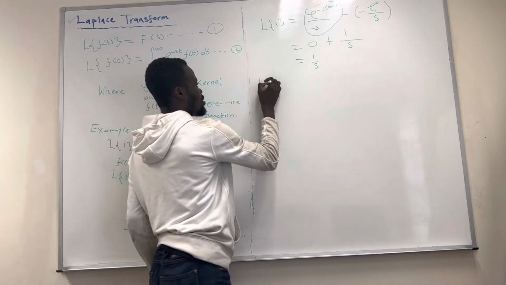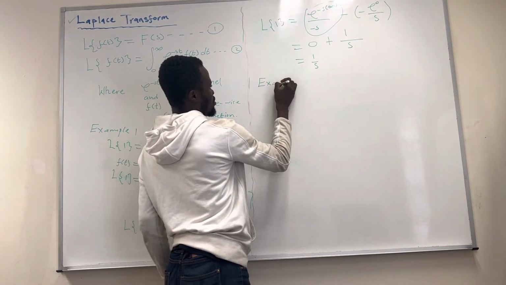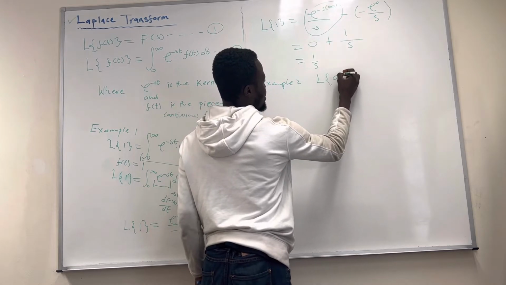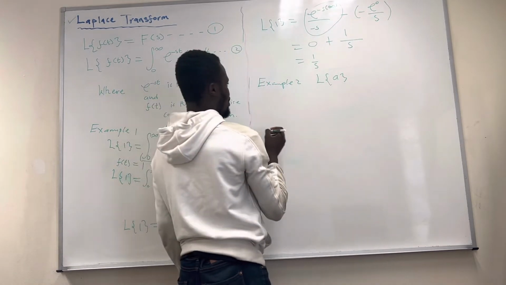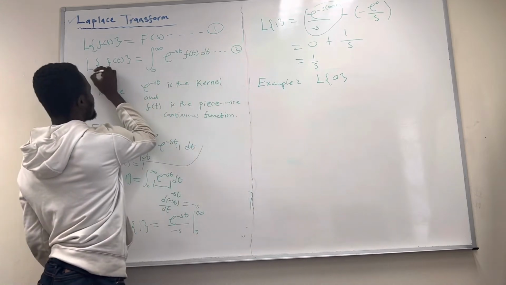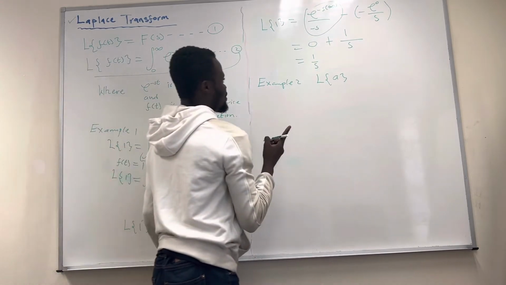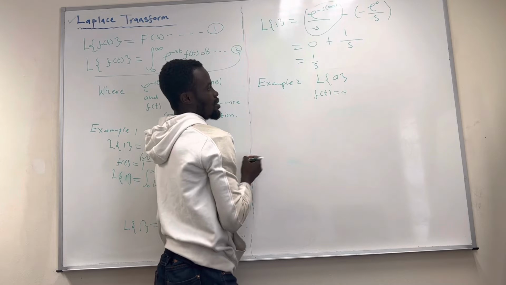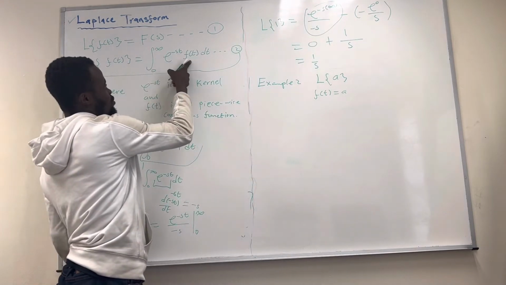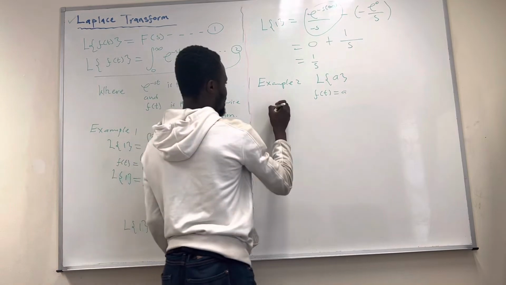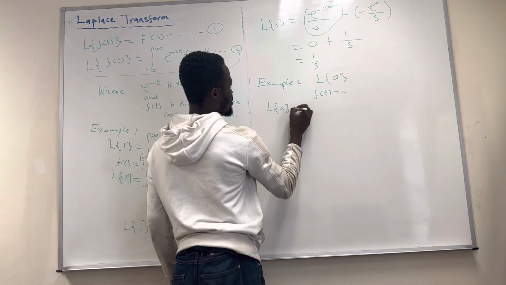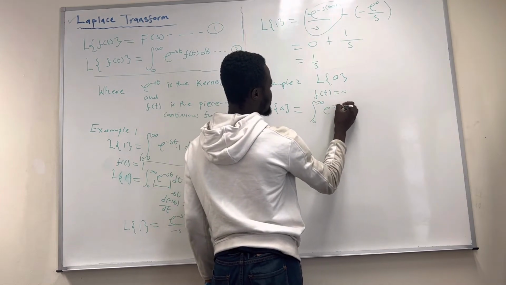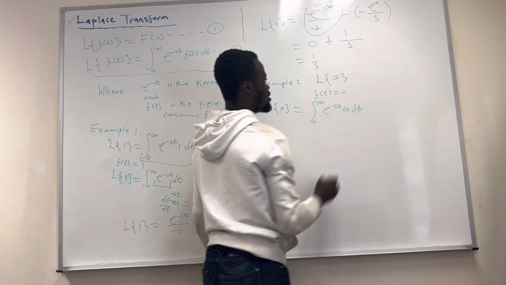Example 2. Laplace transform of a. Okay, so from equation 2, the Laplace transform of a, our f of t is equal to a. So we go back to equation 2. Wherever we see f of t, we put in a. So our Laplace transform of a is equal to the integral from 0 to infinity of e to the negative st, then a dt.